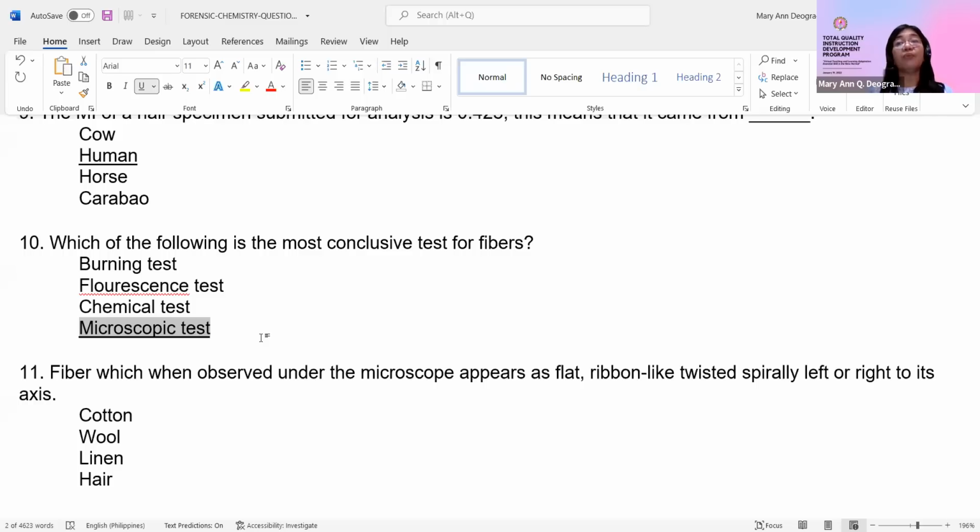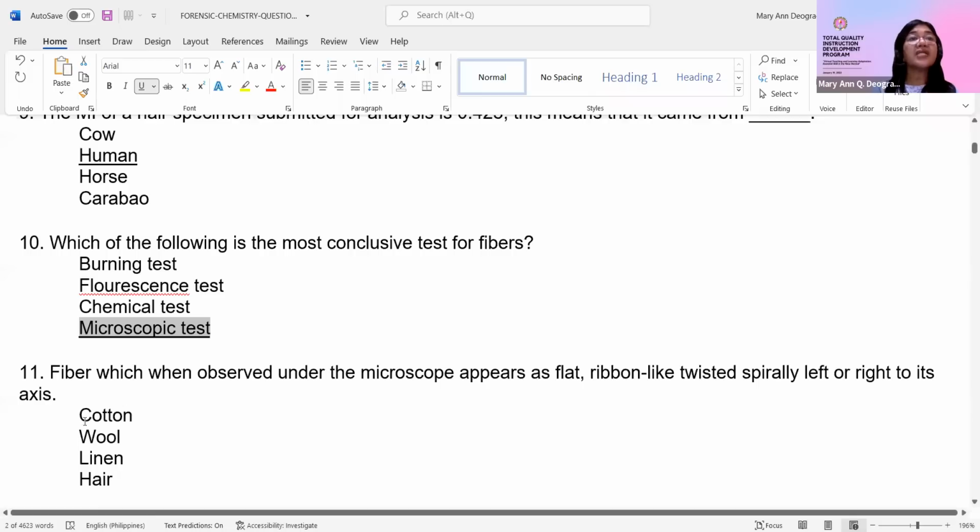Just like number 11, that's one application of the microscopic test. Under the microscope, it is a fiber that appears like a flat ribbon-like twisted spiral, left or right on its axis. So this is cotton. Number 11 is cotton.